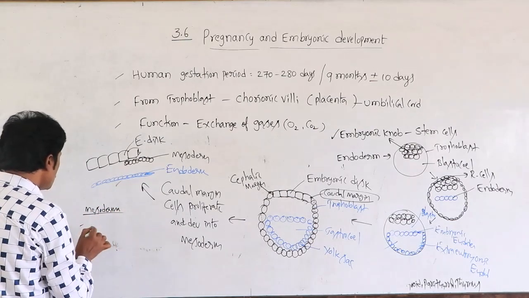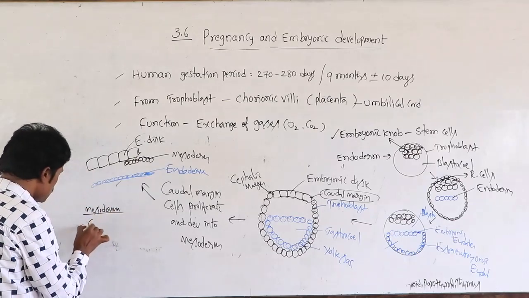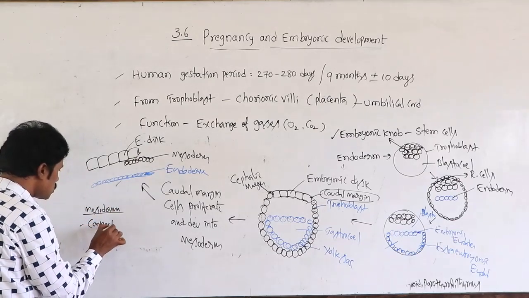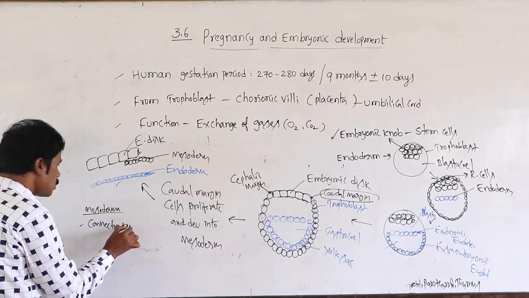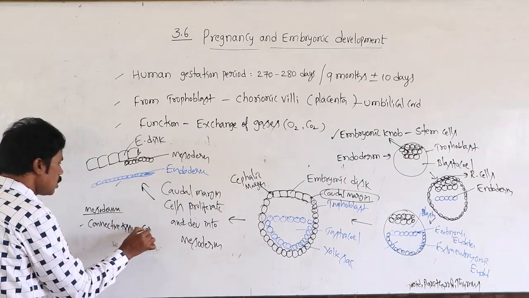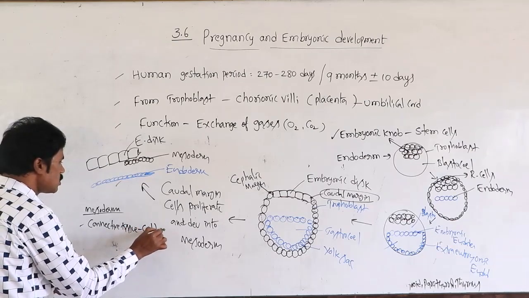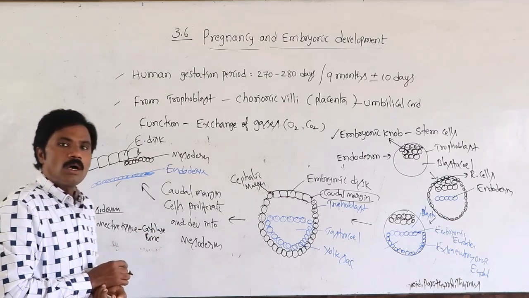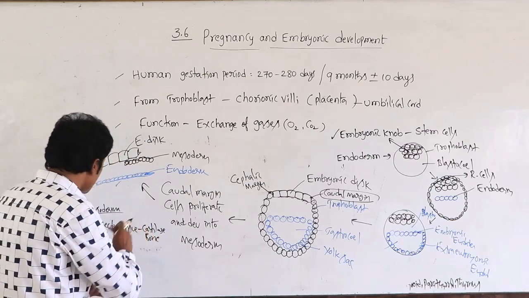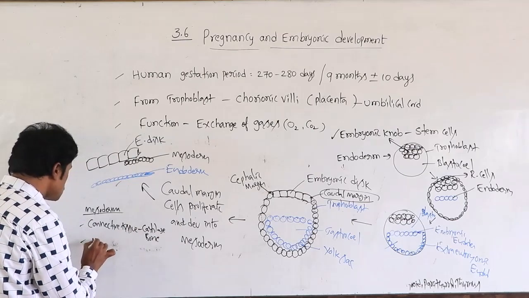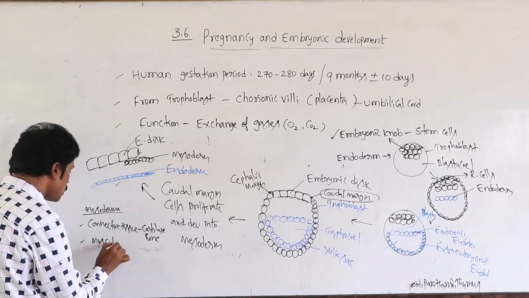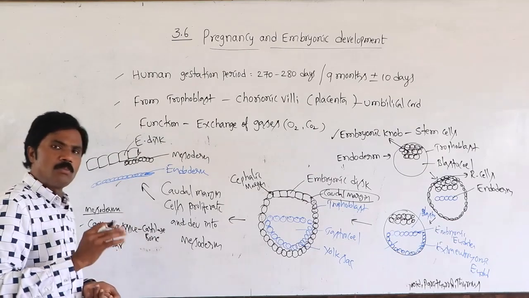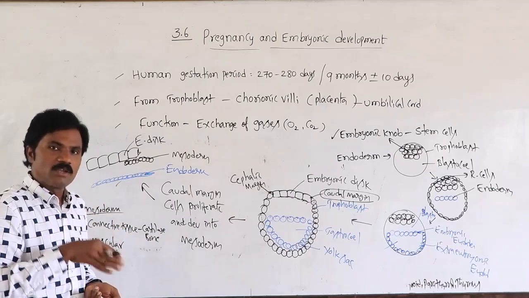In the mesoderm, originally it develops connective tissue. What are the connective tissues? Like cartilage and bone, and apart from this, the muscular system. Most of the muscles originate from this.